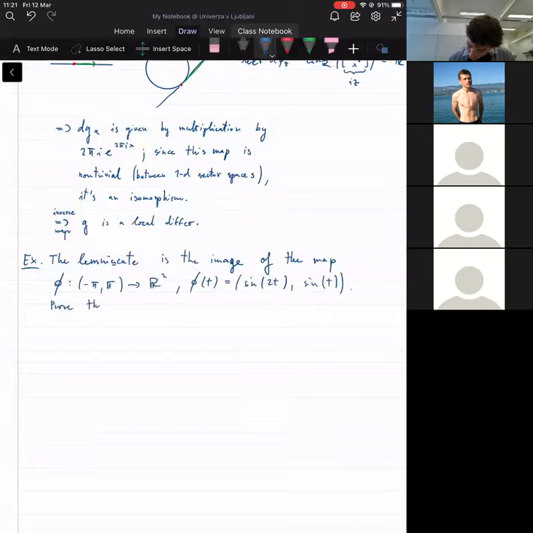Prove that phi is an injective immersion that isn't an embedding.